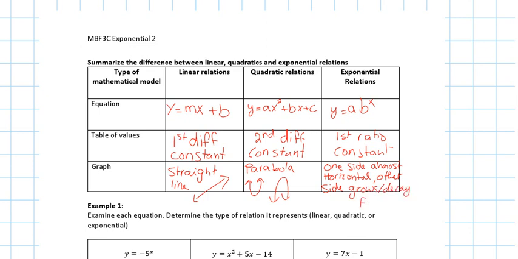So you're going to have horizontal and then increase, right? So that's one example. Or you can have an example where you're decreasing fast and you're horizontal. As long as one side is almost horizontal and the other one is either increasing or decreasing fast.